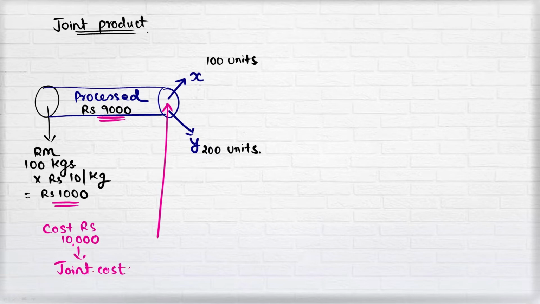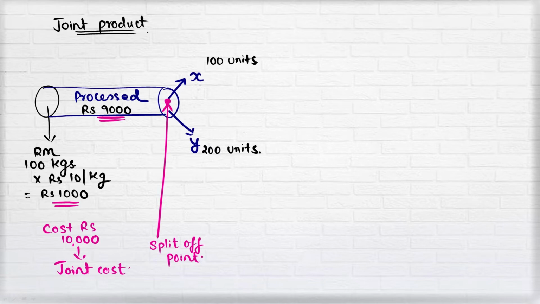The cost of 10,000 is joint cost. This particular point will be regarded as the split off point. Do you understand even logically? This is the point from where X and Y become separate products.